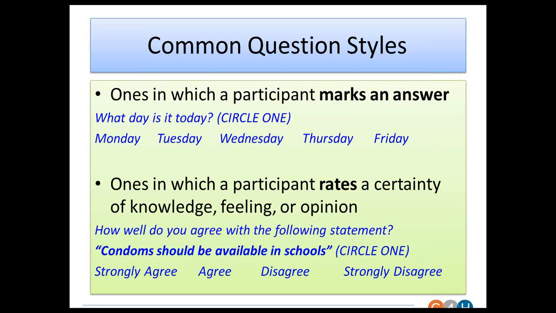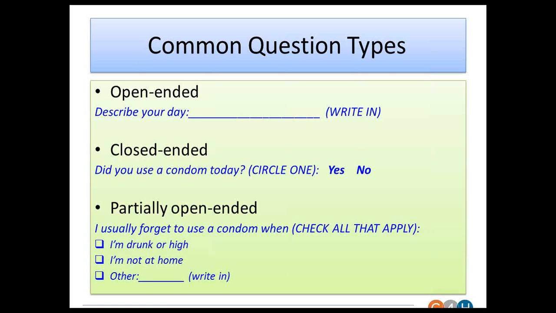The second style of question is a little bit more complicated, but it can be really, really useful in pre and post tests. In this style, instead of answering, the participant is instead rating their knowledge, opinion, or feeling on a scale. This allows more flexibility and gray area in the participant's answer. We'll cover more about this in the next few slides and use some examples in the case study, but just to give you an overview.